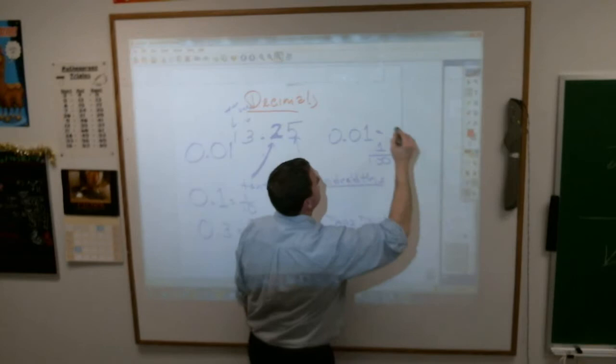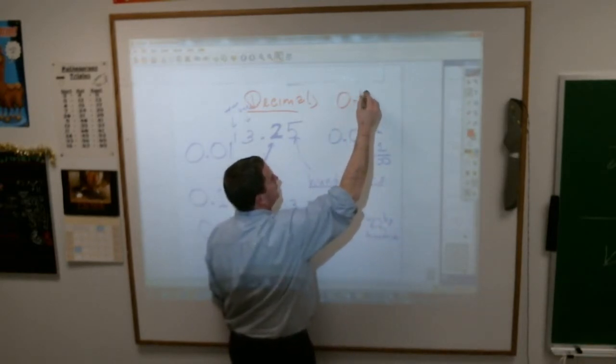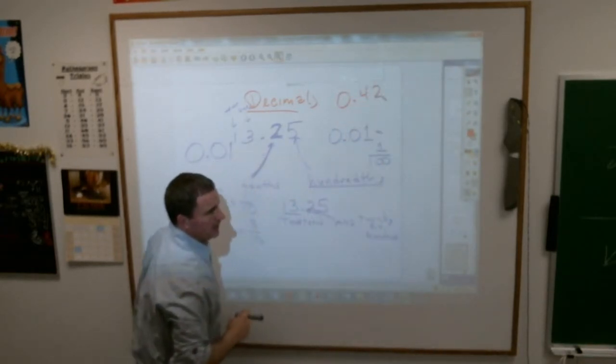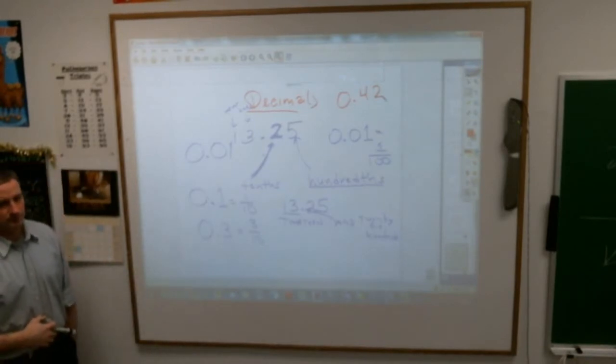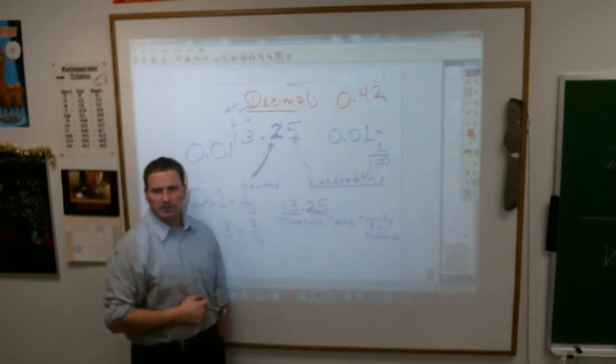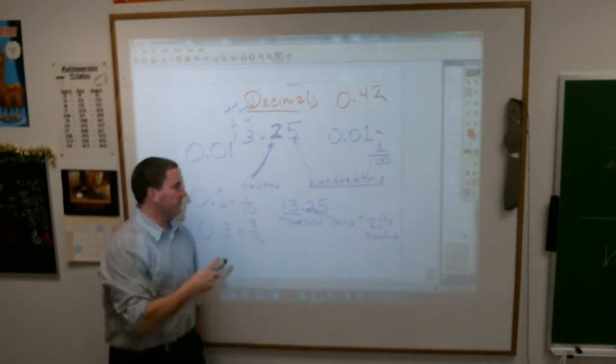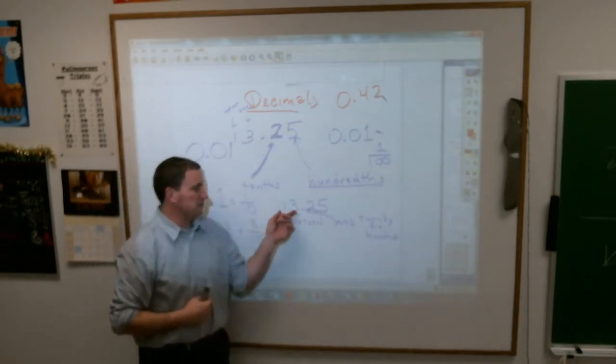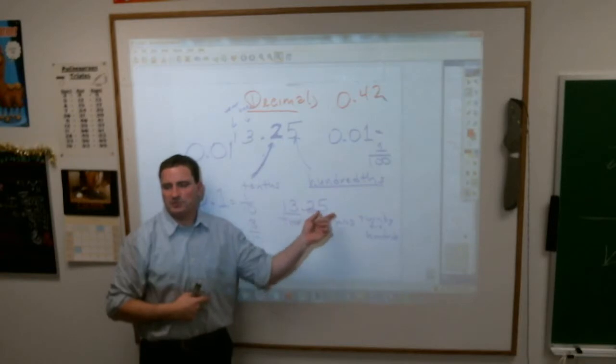Or what if I did this? Changing colors. 0.42. How do I say that decimal? Kate? 4/10 and 2/100. Nah, we put it all together as one though. Just like when you say $13.25, you don't say $13, 2 dimes and 5 pennies.